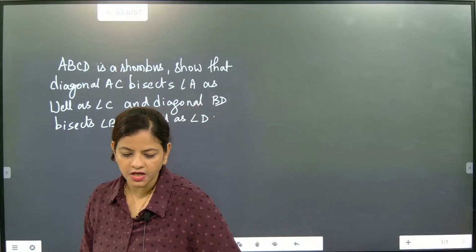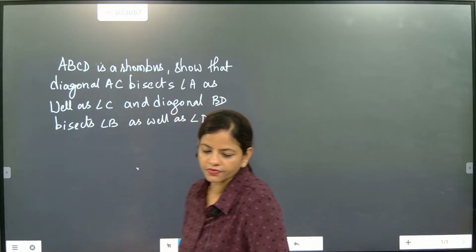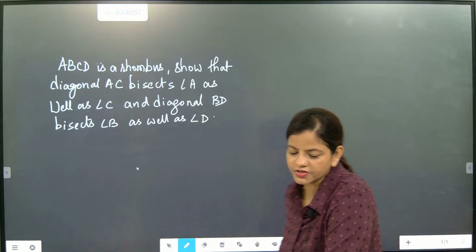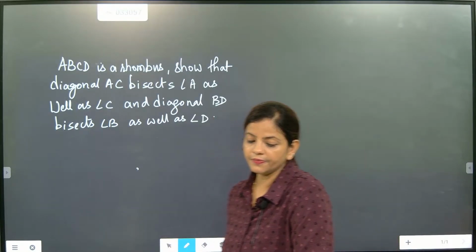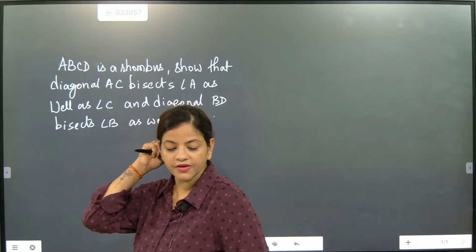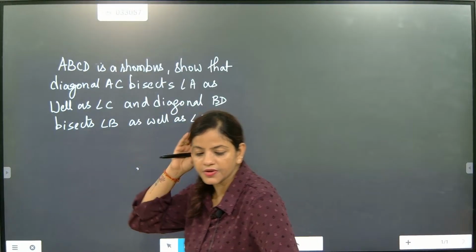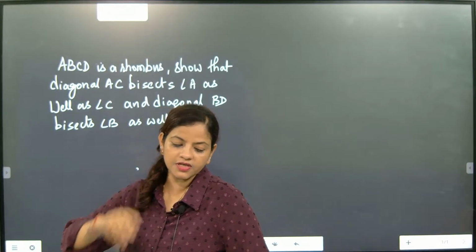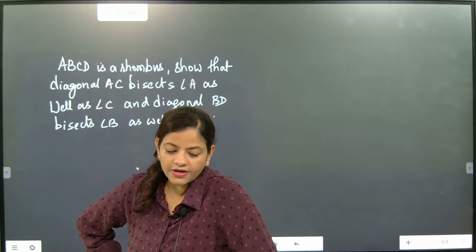Is it an NCERT question, Auntie, from NCERT 8.1? Yes, this is a question from NCERT 8.1. I'm just taking random questions from the NCERT and solving them. I hope you have understood this one.